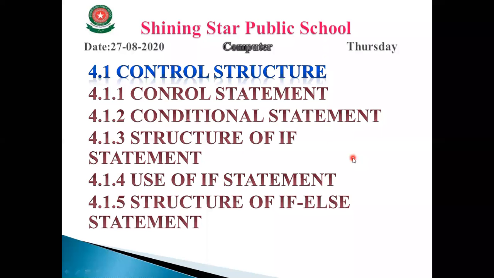Let's take another example. Let's suppose we have an equation x square plus 5x plus 6 equals 0 in mathematics. Now, we have 3 different ways to solve this. Number one, we can solve this equation with the help of the quadratic formula.